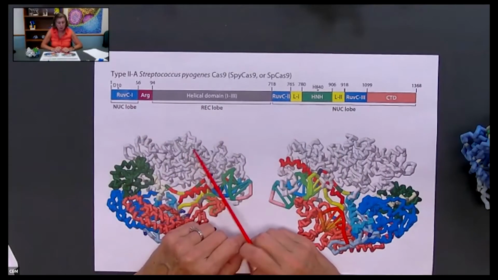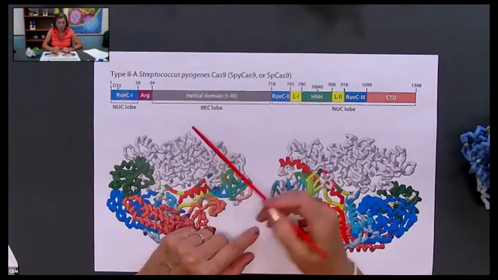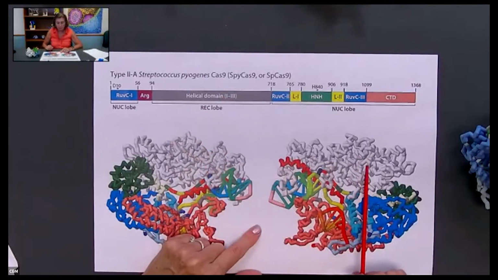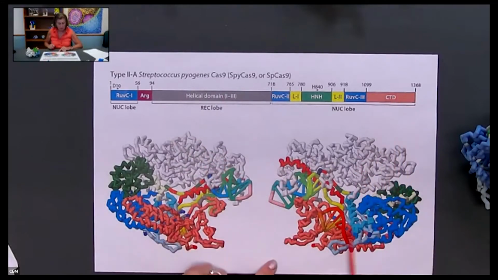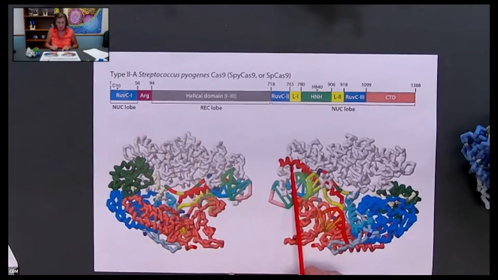It is made up of a helical domain, which is the white part. It's made up of a C-terminal domain, which is this salmon colored stuff at the end here. There is an arginine-rich helical linker that is kind of red here. It's supposed to be purple, but that's this.